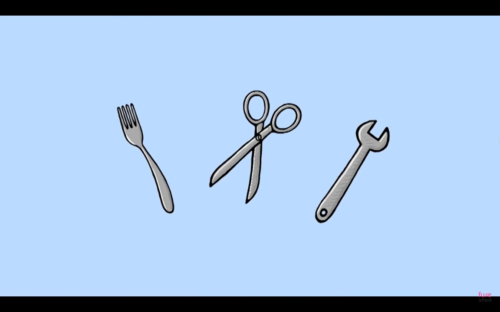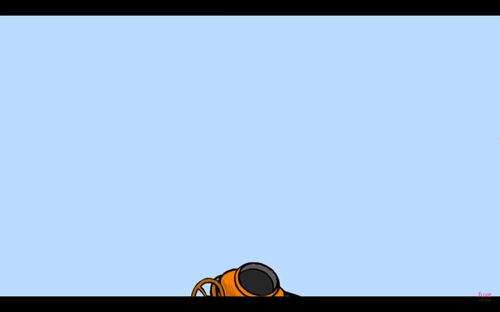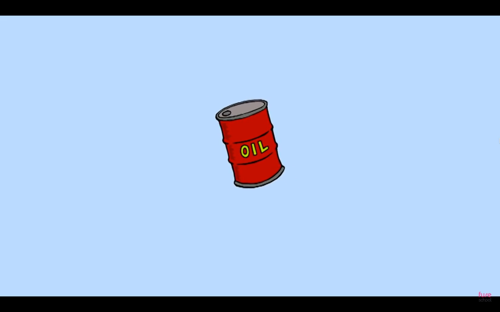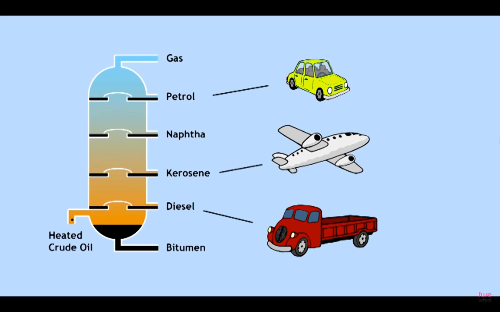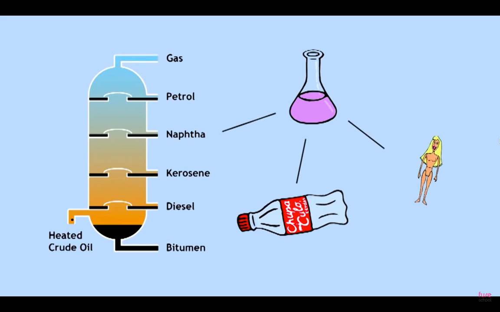It's also used in the production of steel and also in the manufacture of cement. Oil is especially valuable, and the reason for this is that it is actually a mixture of hydrocarbons. When oil is separated by fractional distillation, we are left with fuels useful for cars, lorries, planes, as well as chemicals used in the manufacture of a variety of different materials, including plastics.